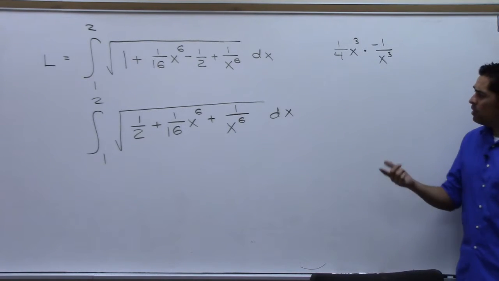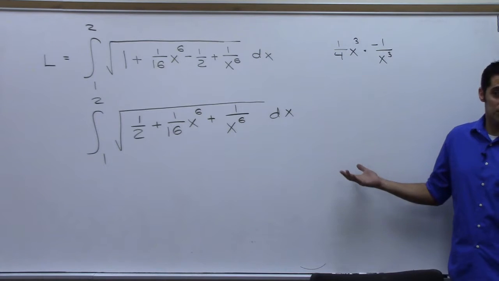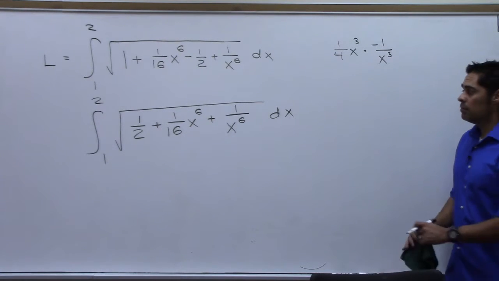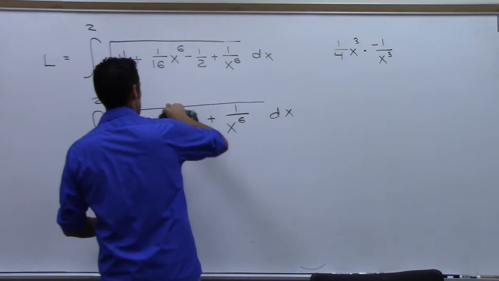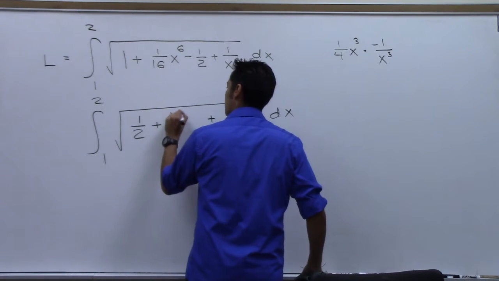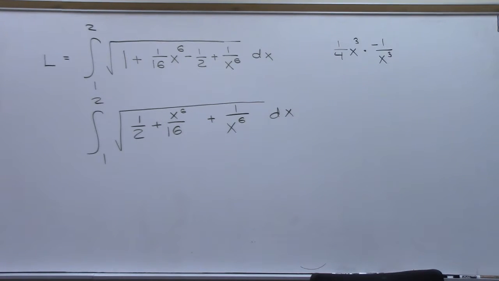So I heard put it together. What do you mean put it together? Common denominator. Let's try common denominator. So if I rewrite this, that x to the 6th is really on top, isn't it? Like this? What would my common denominator be? x to the 6th and 16. 16x to the 6th.